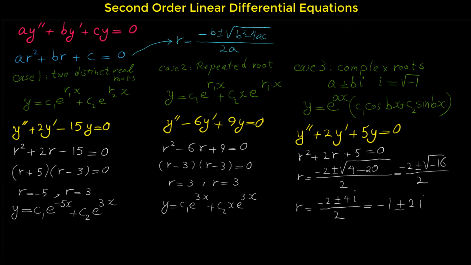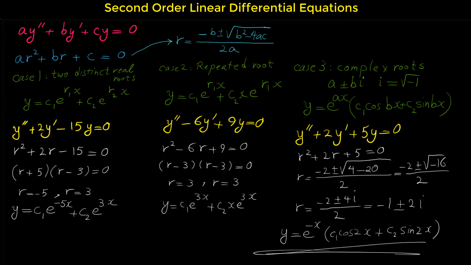So y, the solution of this second order linear homogeneous differential equation, is e to the ax. a is negative 1, so e to the negative x times c sub 1 cosine of 2x plus c2 sine of 2x. Note that b is 2.